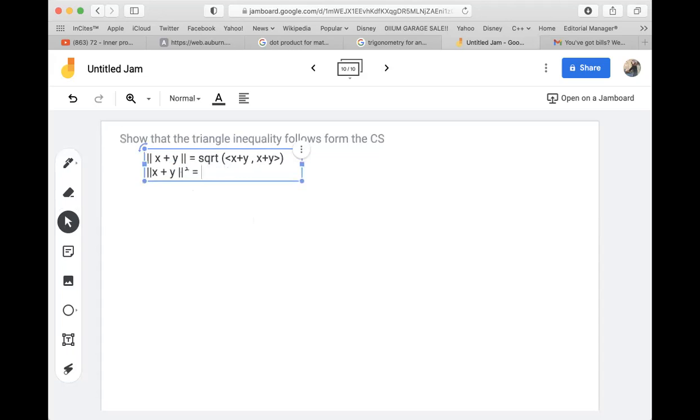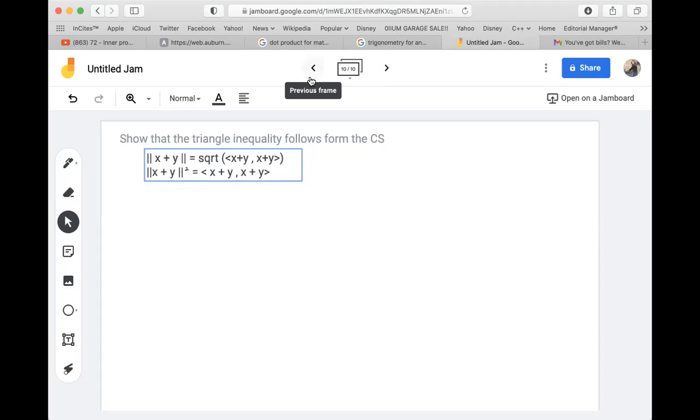By having that power of 2, we can remove the square root here. So it will leave us with the inner product of x plus y with x plus y.